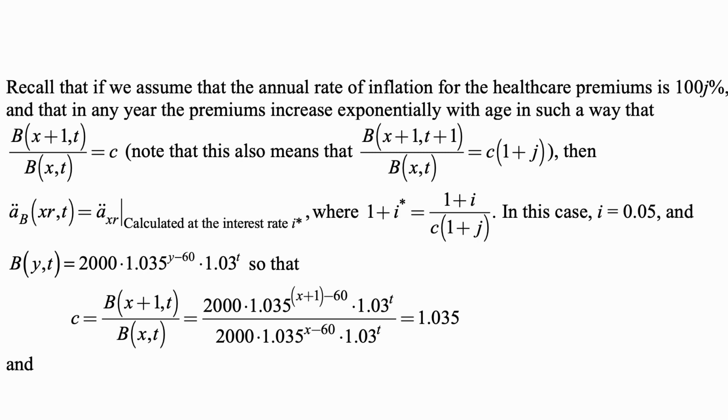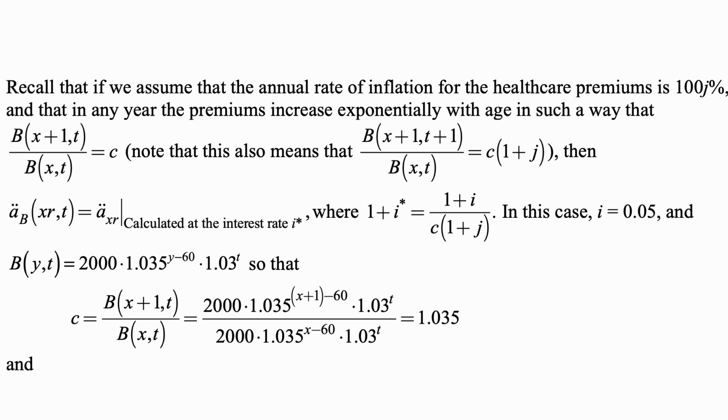It is 2000 times 1.035 to the power y minus 60 times 1.03 to the power t. That's given. So we can deduce what the values of c and j are and figure out how this annuity works.